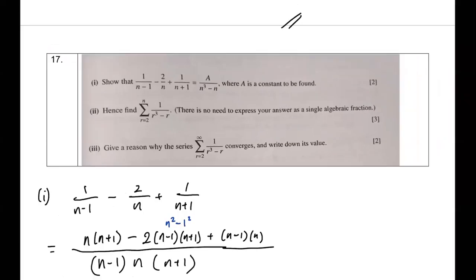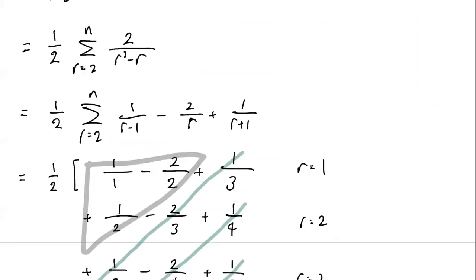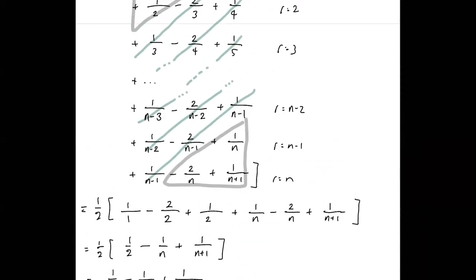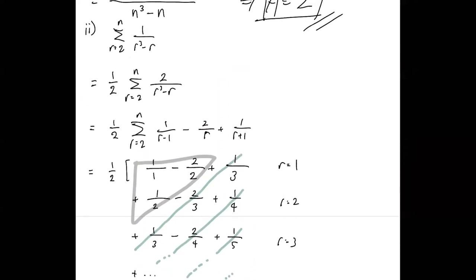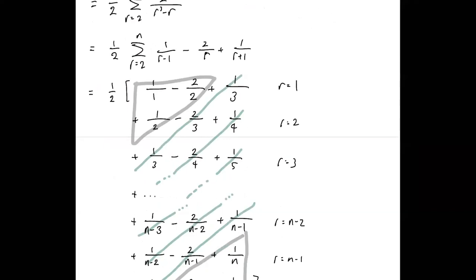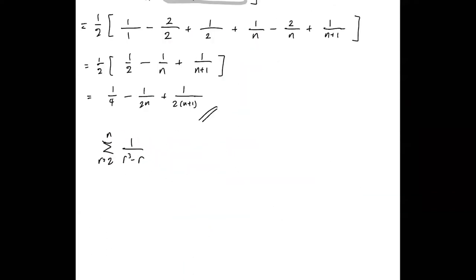Okay, so what we need to do is to realize that this sum from 1 to n, from part 2, let me just summarize what we have from part 2. This is part 3.